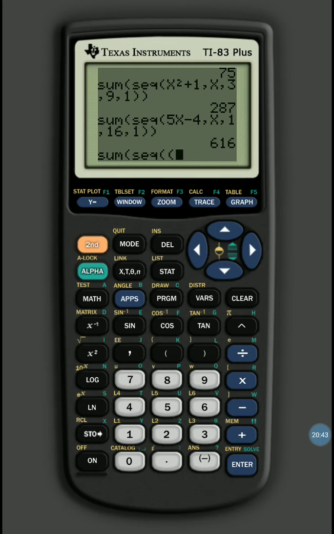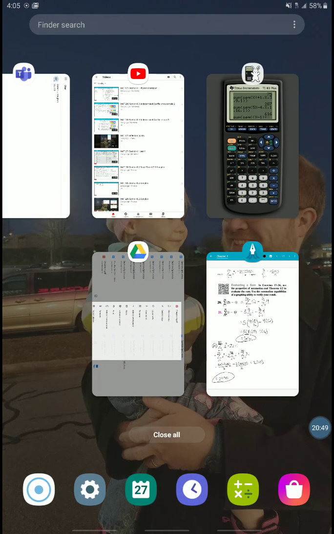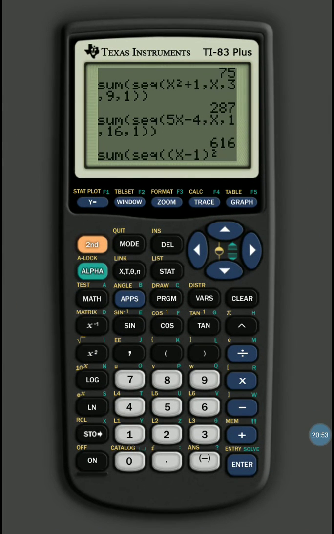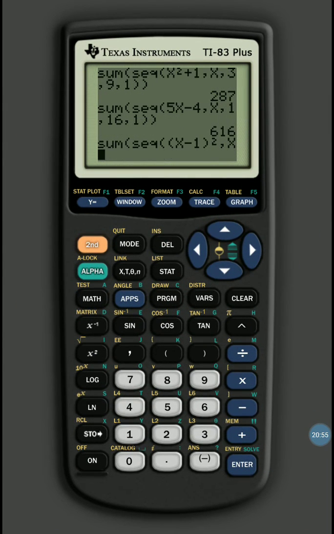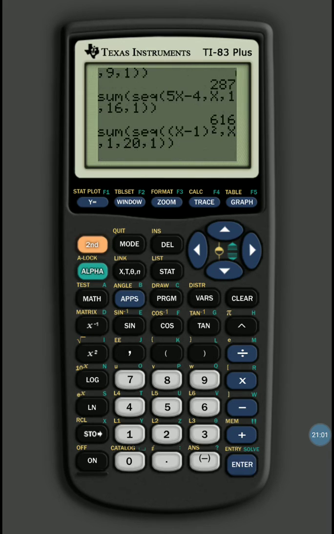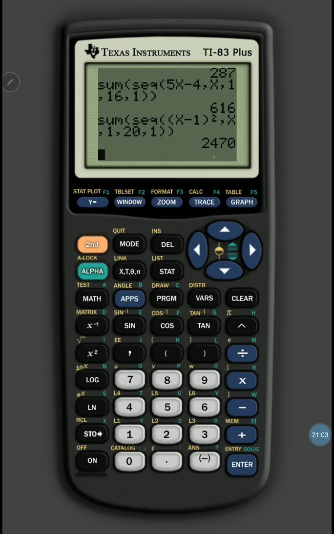It was i minus 1 squared, starting at 1, going to 20, going up by ones. So you can see how we're going to get the same thing. You can see how we can use the calculator to double check our answers on these.